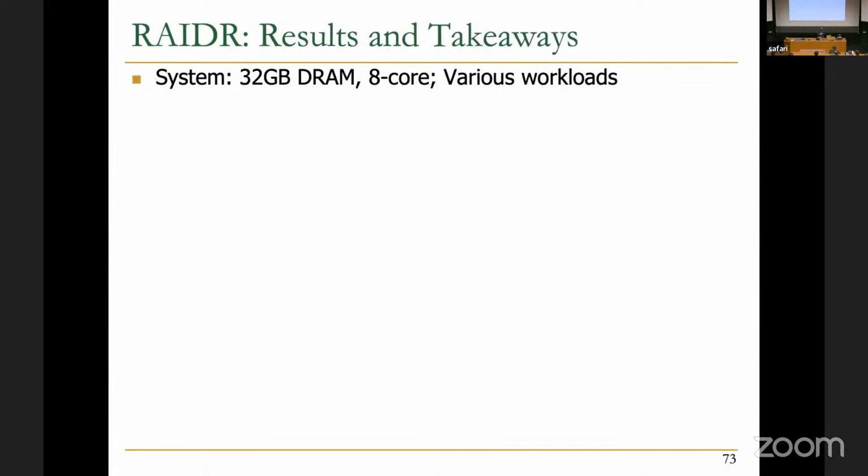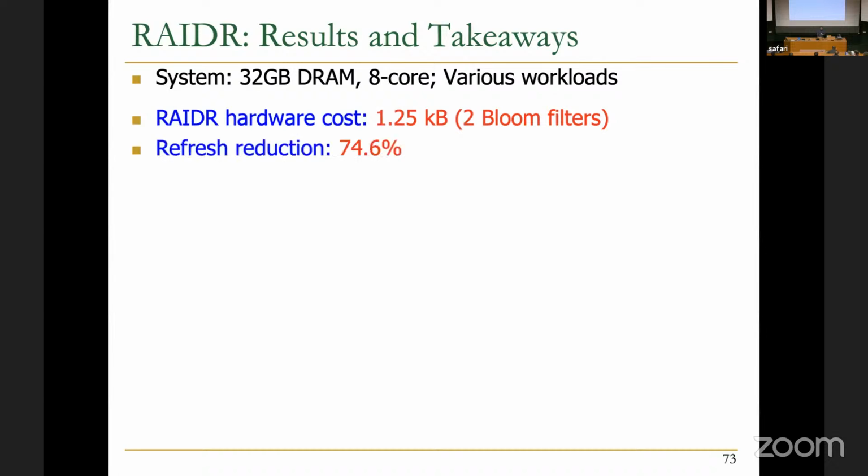Okay, so here we have the system that has a 32 gigabyte DRAM module, and it simulates an 8-core system for various workloads. And the hardware cost is very little. We can reduce the refresh operations by 74% just by adding 1.25 kilobytes of metadata.